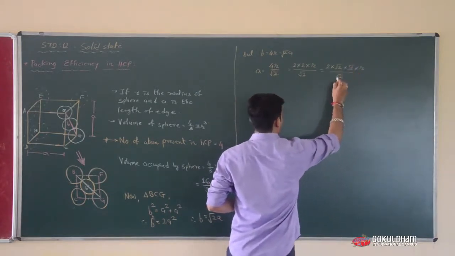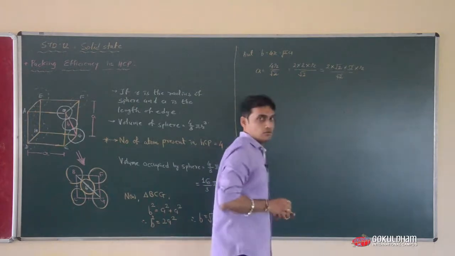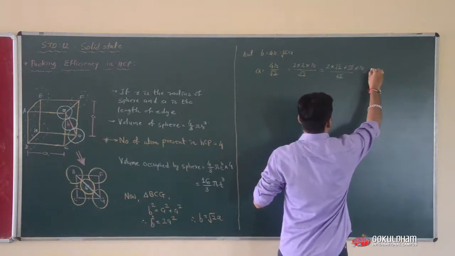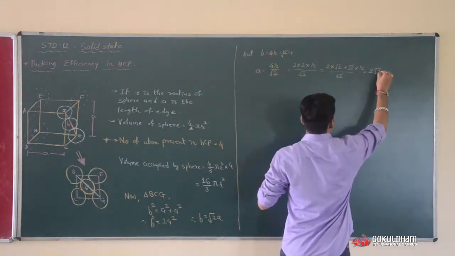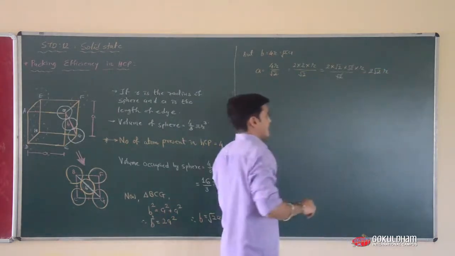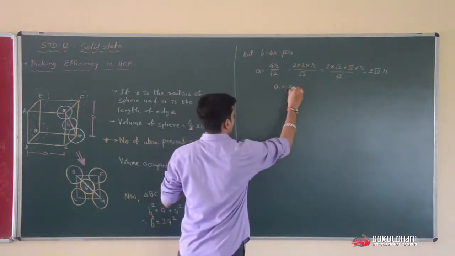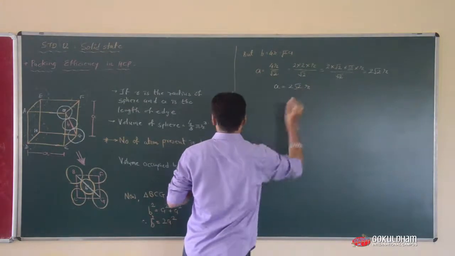Clear? This under root 2 and this under root 2 will cancel out, and your final answer will be 2 into under root 2 into r. So this is the value of a, 2 into under root 2 into r.